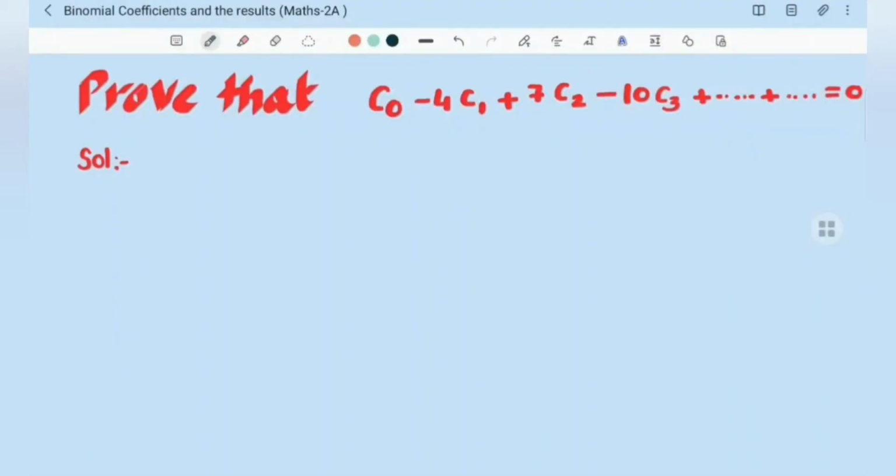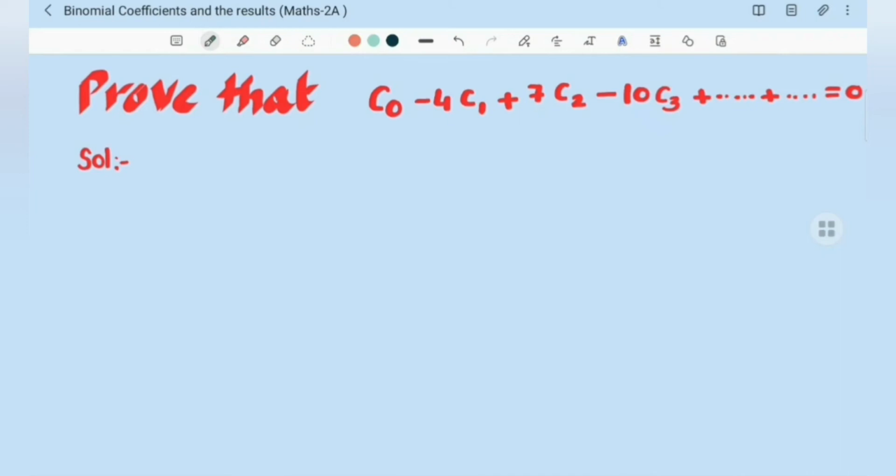The next question: prove that C0 minus 4C1 plus 7C2 minus 10C3 plus and so on is equal to 0 if n is an even positive integer.